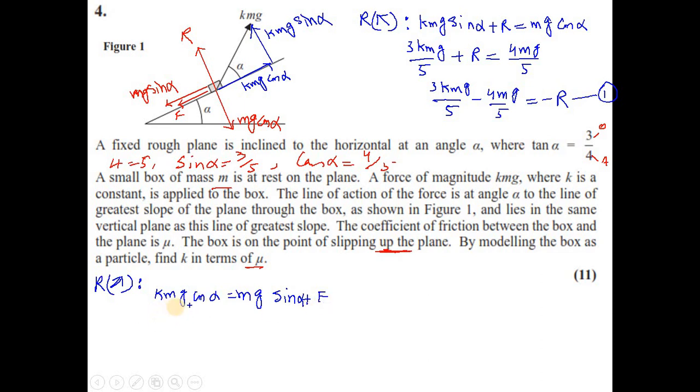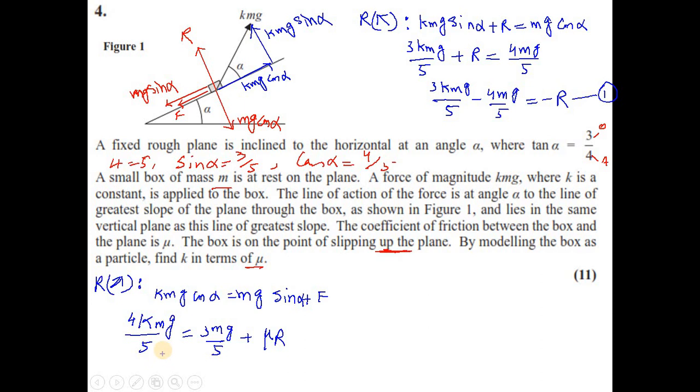So cos alpha is 4 by 5, giving 4 by 5 kmg, is equal to mg sin alpha, which is 3mg by 5, plus F, which is mu R.